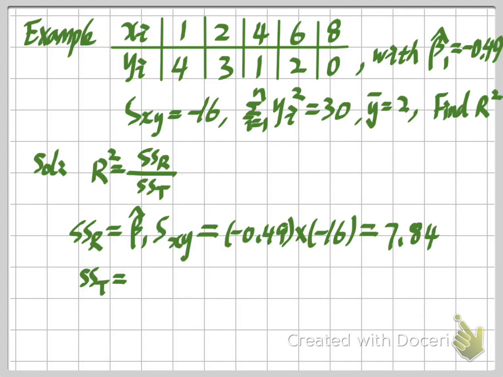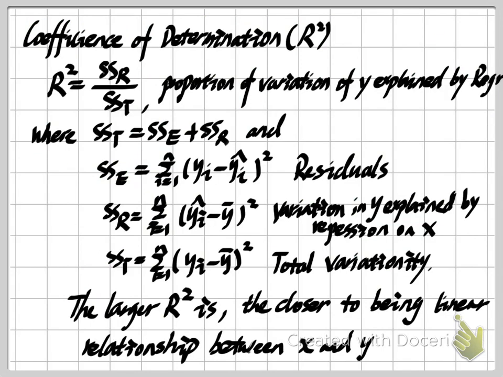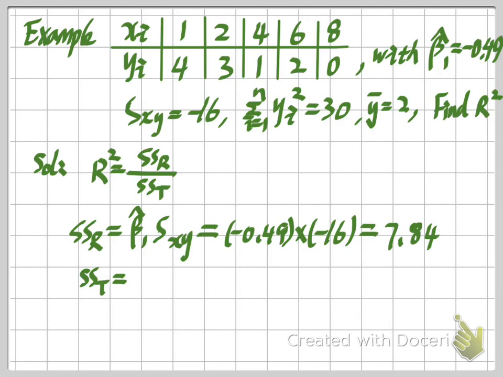For SST, of course, we can use the sum of the squares of yi minus y bar. But also in our previous video, we said this is equal to the sum of yi square minus n times y bar square.